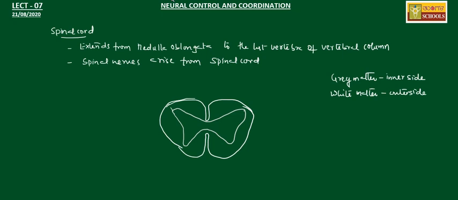So this is the outside white matter, and this is the gray matter. At the center here we have the central canal.